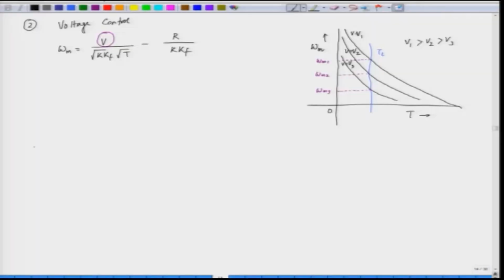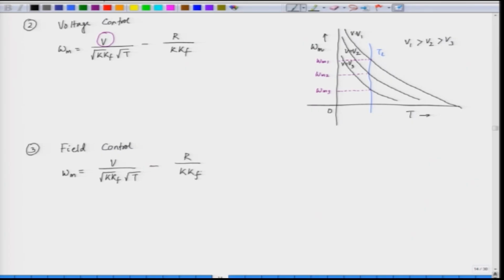Now, we have a third method of control, that is called field control. We write down the equation once again: omega m is V by under root k k f under root T minus R by under root k k f.